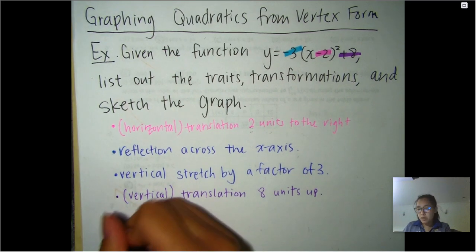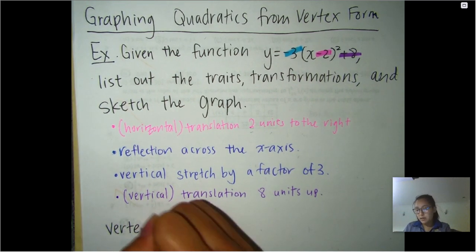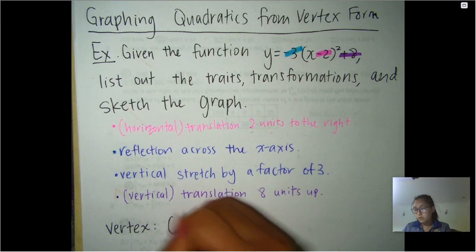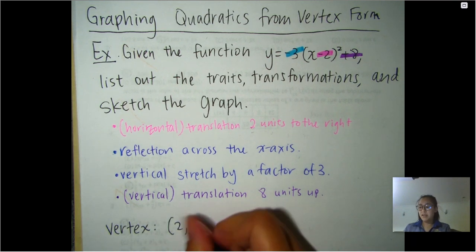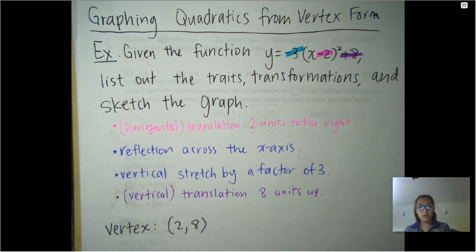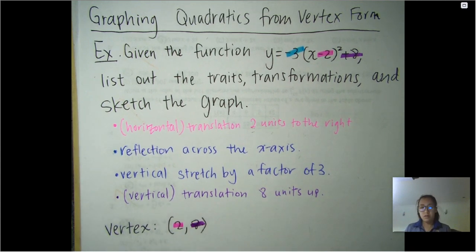And so we know that the vertex then is going to be 2 from the translation right. So the x value goes right by 2. And then comma 8 because the y value goes up by 8. So again, the vertex will be a direct result of the translation.